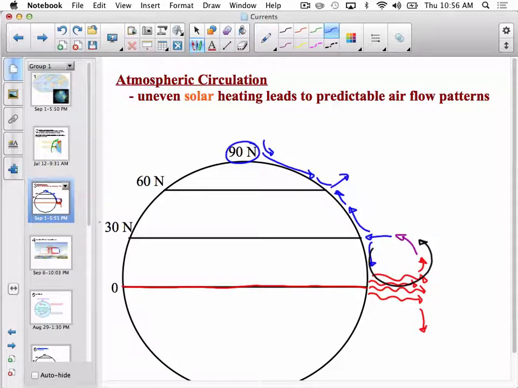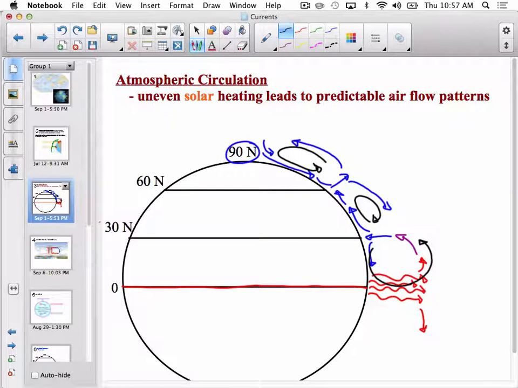This upward flow is not due to heating. It's not hot air rising. It's just that when two air masses meet, they have to go somewhere, and they can't go down because the Earth is beneath them, so they go up. Then they hit the top of the atmosphere and are deflected again, north and south. So we create another cell here rotating in this direction, and a cell here rotating in this direction.